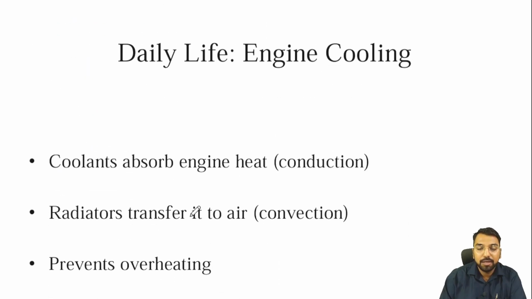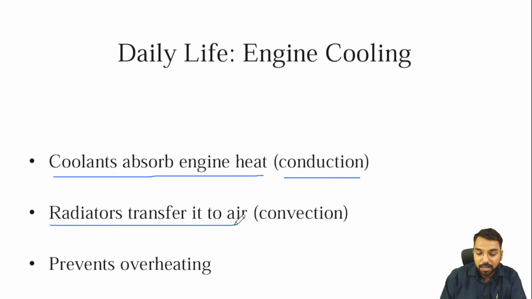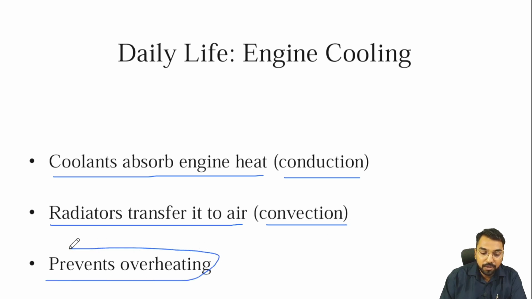Engine cooling: you have seen cars many times. The coolant absorbs the engine heat by conduction, and the radiator transfers the heat to air, and this prevents overheating. Why is that so? As an example, take a spacecraft.